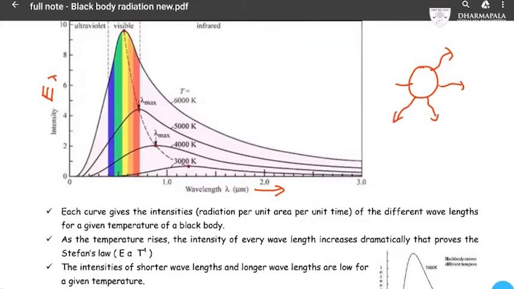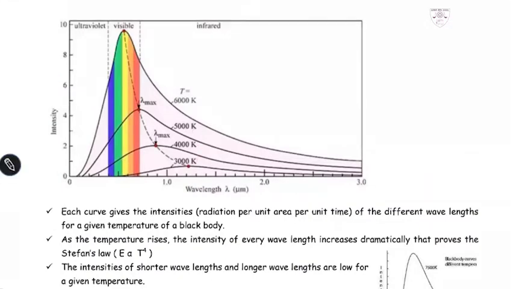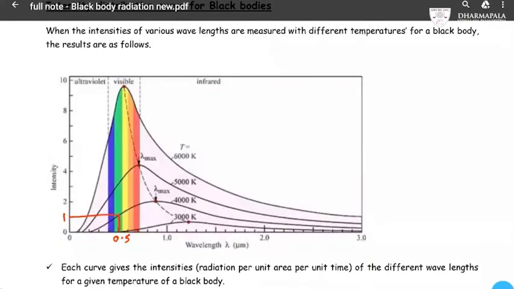This graph shows the amount of radiation emitted by a black body at these different temperatures. For example, this curve is drawn for a black body at a temperature of 4000 Kelvin.